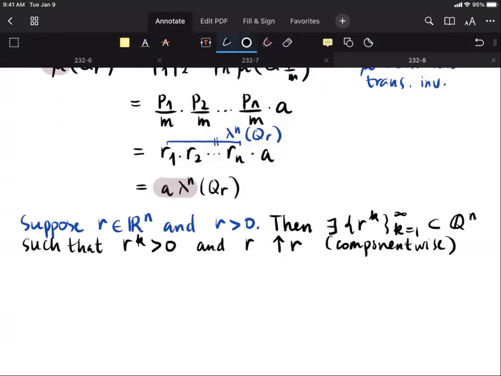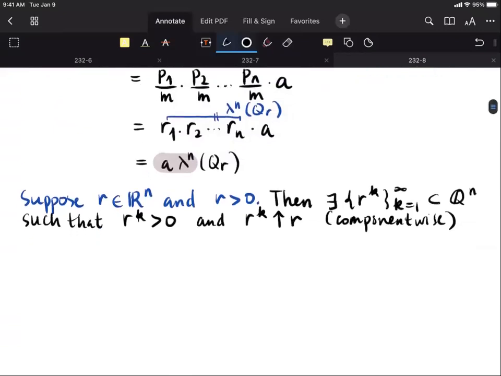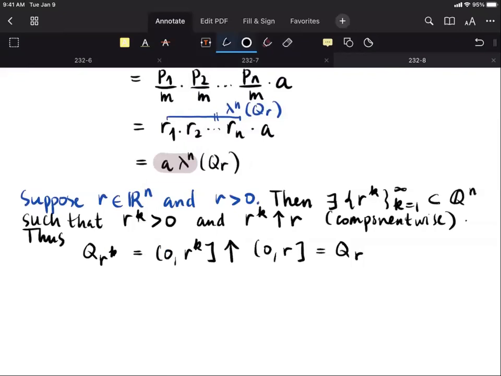And this should be replaced by a subscript. And therefore, the sequence of cells increases as well to the cell Q_R. This is Q_R, this is Q_{R_k}.